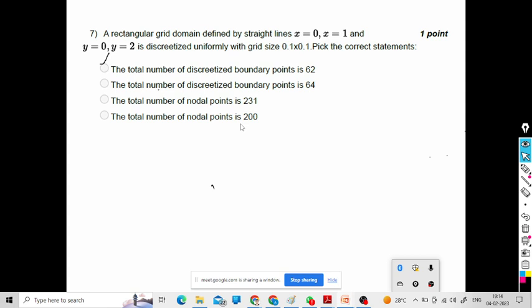So just take the forward difference approximations of the mixed boundary conditions for del u by del x. What will be the condition?